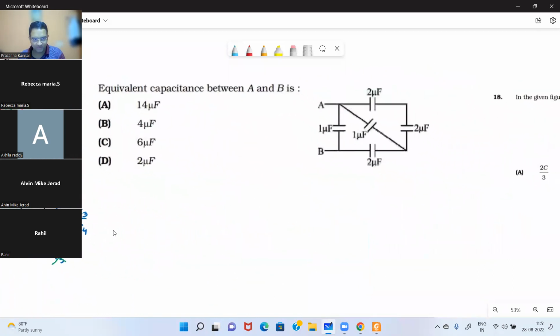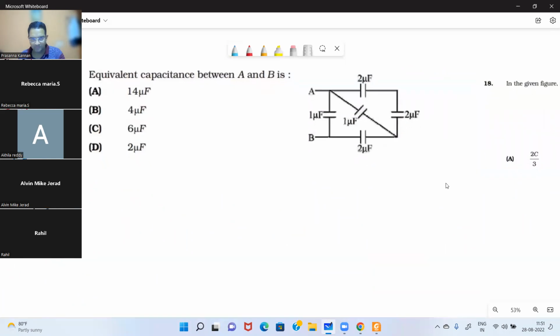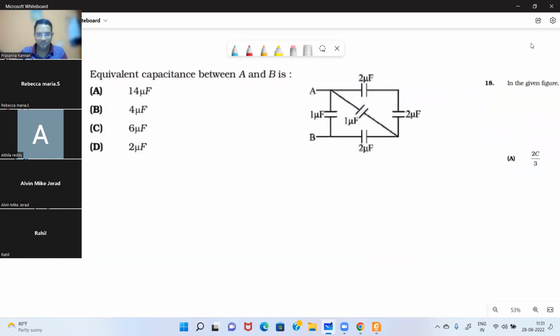Let's look at question number 17 now. What is the equivalent capacitance between A and B? First, can you tell me about these two capacitors, how they are connected? Series, sir. Yes, they both are in series. 2 microfarad and 2 microfarad in series will give you 1 microfarad.